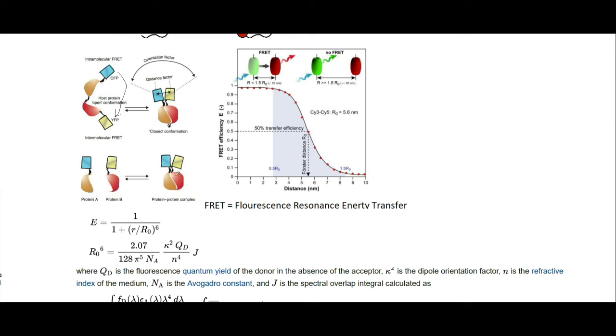So you can have your proteins come together, and now the light you're shining on it is hitting this one, and then that releases a photon that goes to this one, which then releases a photon that's blue. So this releases a yellow photon, this releases a blue photon.